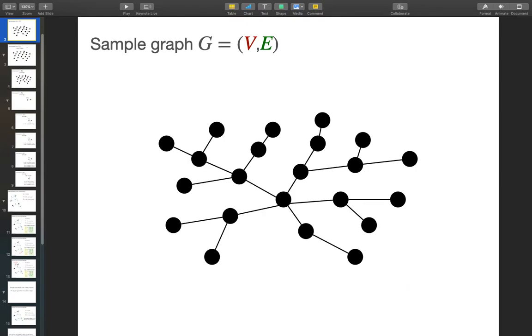What is a graph? The simplest description is that a graph is a set of dots and connections. So if we are to formalize a graph, we can think of a tuple composed of two sets, your set of dots and set of connections.